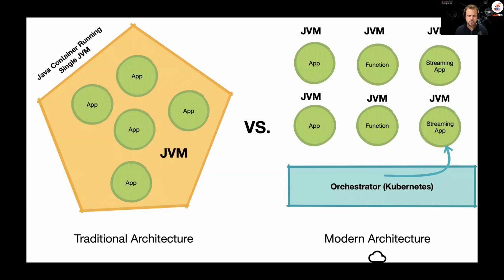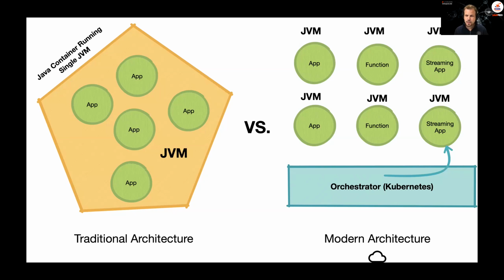Now, on the right-hand side here, we have modern architecture, where instead of a single Java virtual machine, we have these individual Java virtual machines, which are typically running inside a Docker container. And they are typically orchestrated by some orchestration layer, typically Kubernetes, in the cloud.